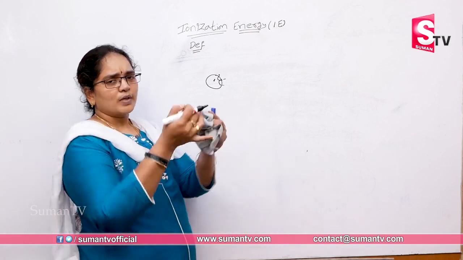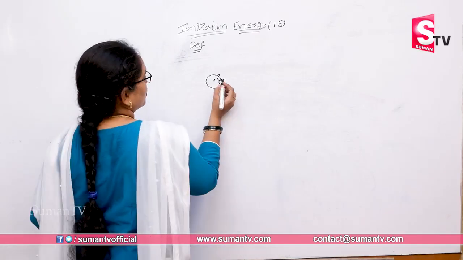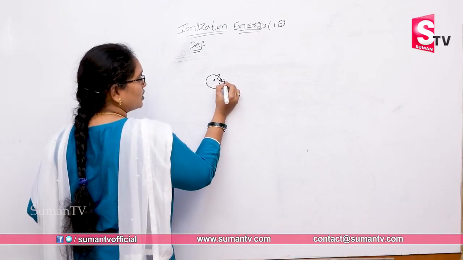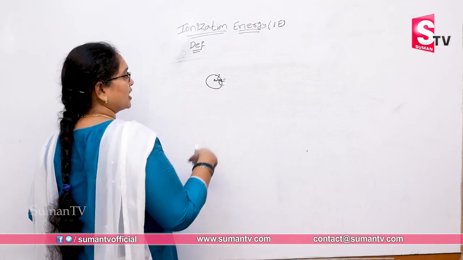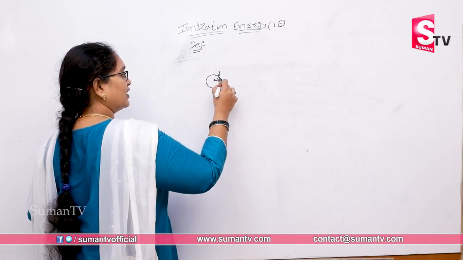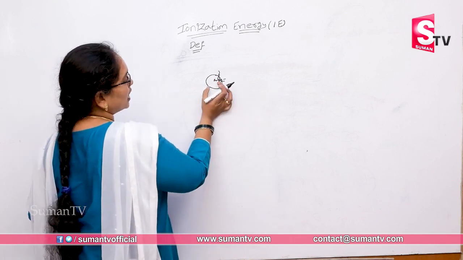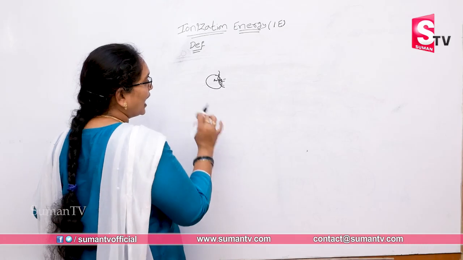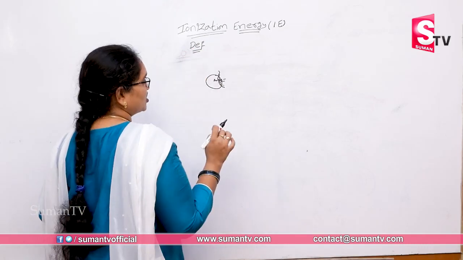To break anything, we need a certain amount of energy. So to take the electron out of the attractive forces of the nucleus, we need a certain amount of energy. That energy required to remove the electron from a neutral atom, we call the ionization energy.